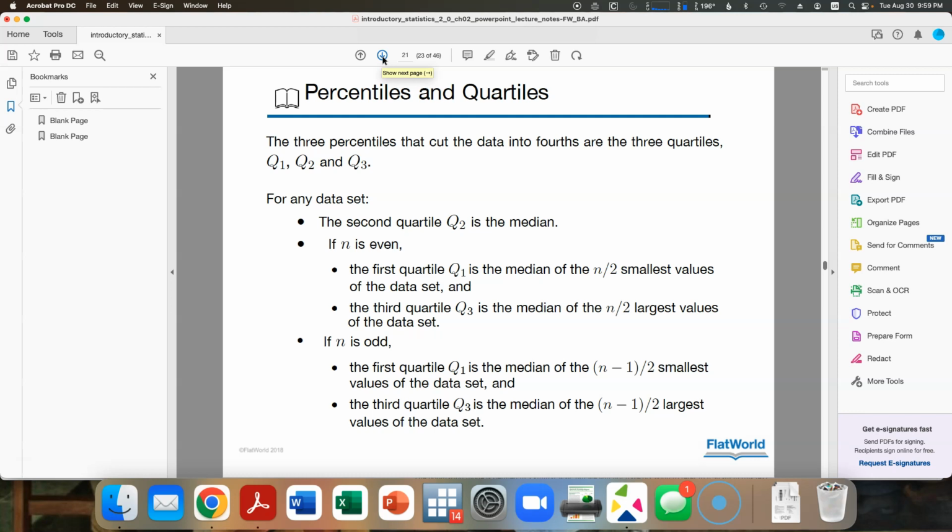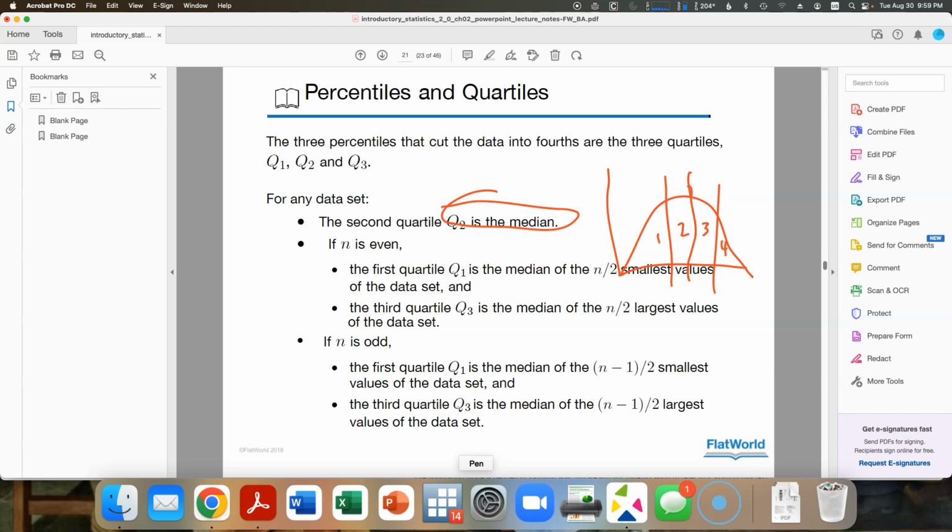Now, as you start to bring the data together, and just remembering that graph that I just drew, well, let's just redraw it here. Not straight, but you get the idea. So again, first quartile, second quartile, third quartile, and fourth quartile. So the idea here is that the second quartile is the median.